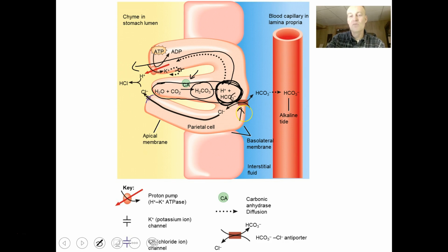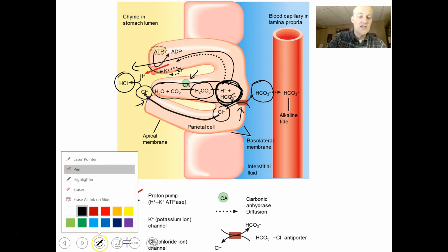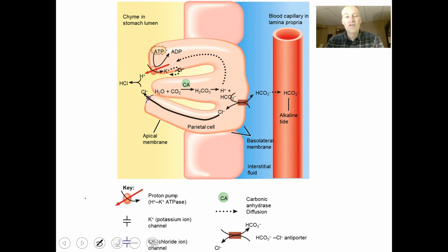This is a protein in the membrane of the parietal cell, and it'll export bicarbonate and import chloride ions. It'll then use a chloride ion channel to export chloride ions into the lumen of the stomach. So hydrogen ions and chloride ions will come together to form hydrochloric acid. So it's kind of cool using that carbonic acid bicarbonate buffering system to create hydrochloric acid.